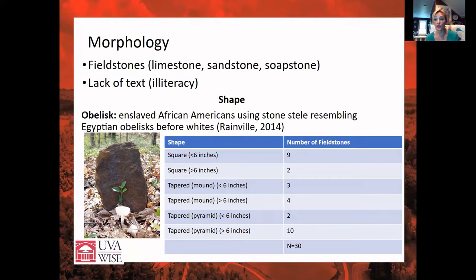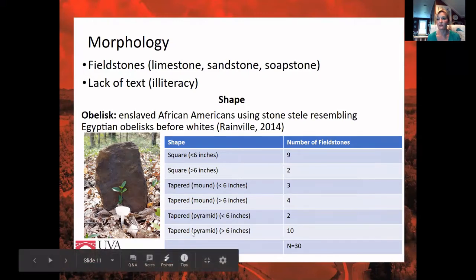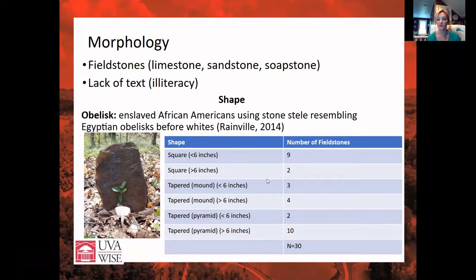So according to Rainville, quote, enslaved African Americans were erecting stone stele that represented Egyptian obelisks before the form began to appear in white graveyards. So you see in this table that the majority, about 63% of the fieldstones, were carved into the obelisk form. And you can see that here in this photograph with the graveyard ivy.